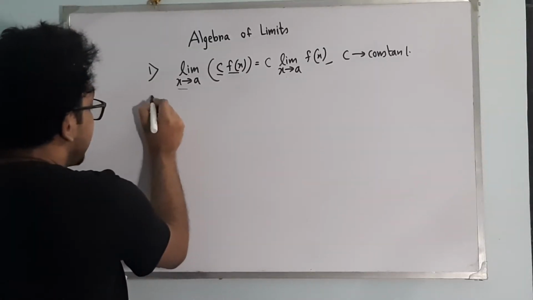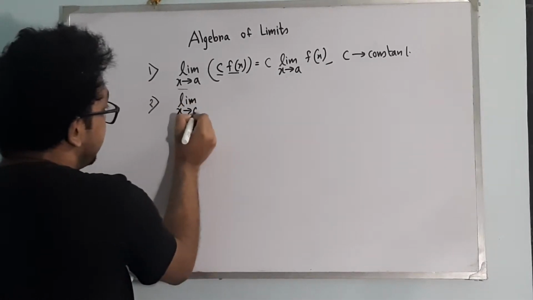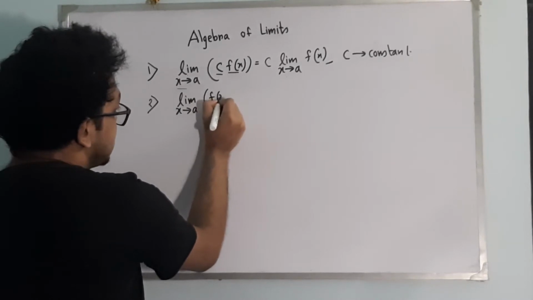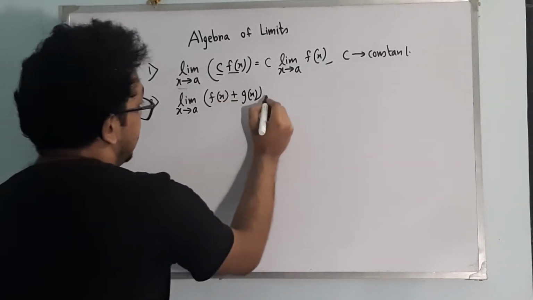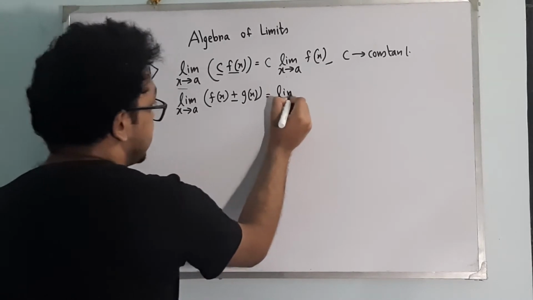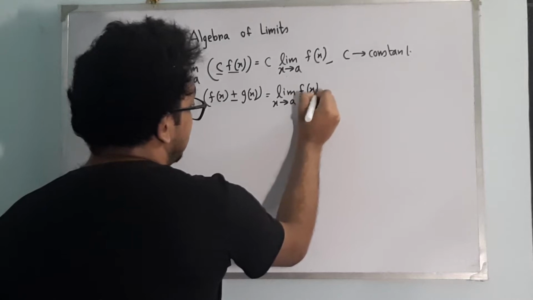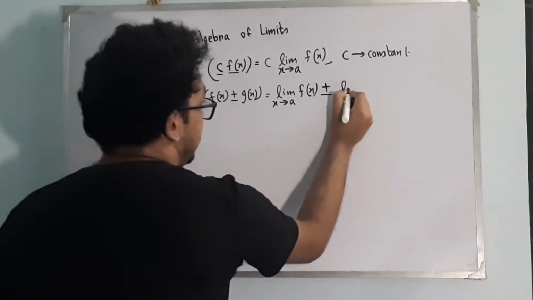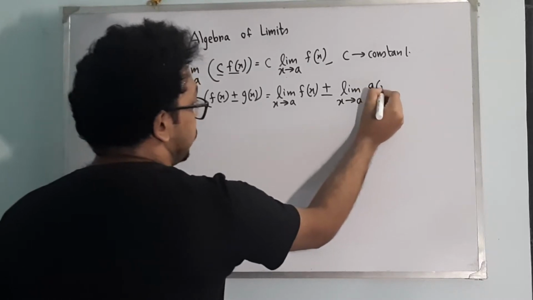Now come to the second one. The second one says that limit extending towards a of f of x plus minus g of x is equal to limit extending towards a of f of x plus minus limit extending towards a of g of x.